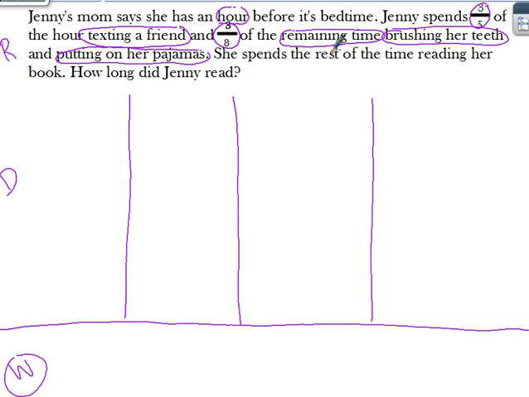She spends the rest of the time reading her book. I'm going to box my question, how long did Jenny read? And I'm going to circle read.